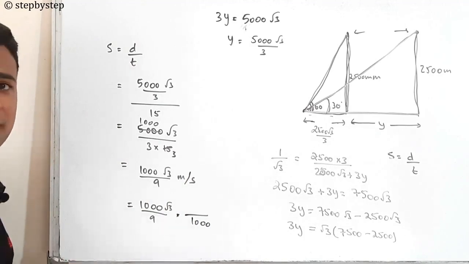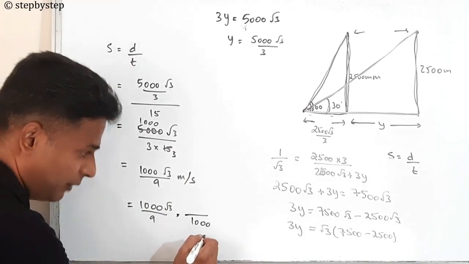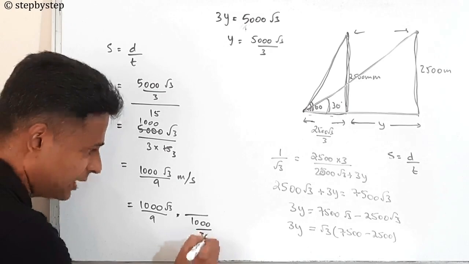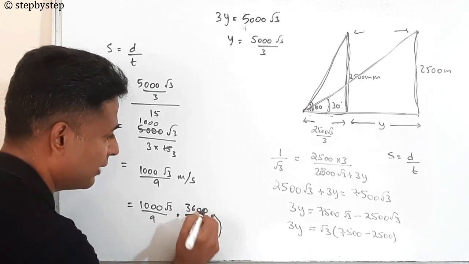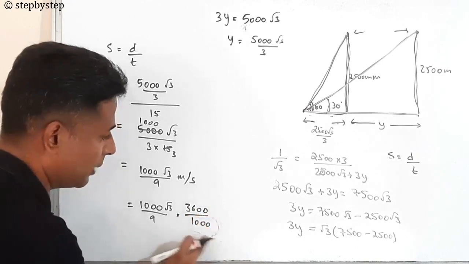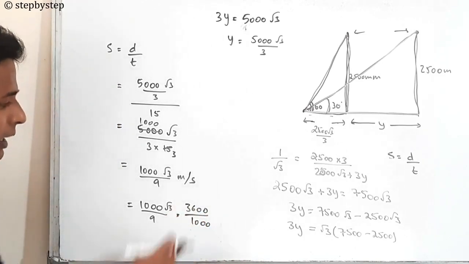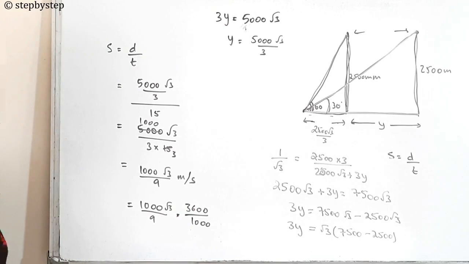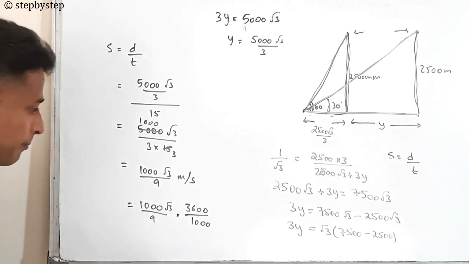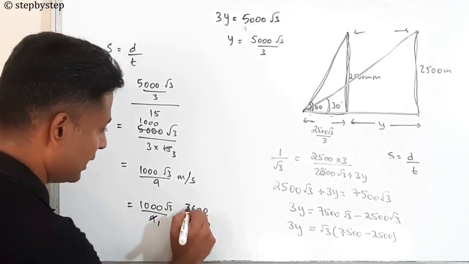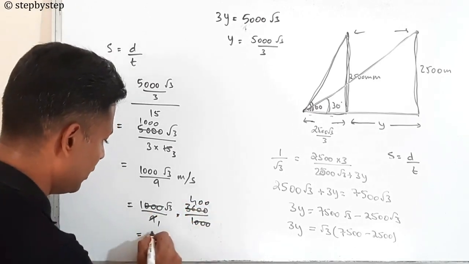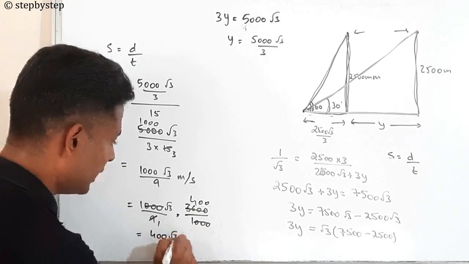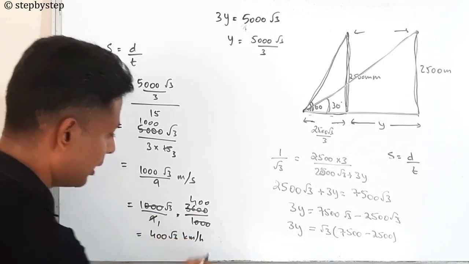By dividing by 3600, which means the denominator will go up and 3600 will come here. So basically we are dividing by 1000 and multiplying by 3600. Alright. Now what is the answer? 9 ones are 9, 400, 1000. So we get 400 root 3 kilometer per hour.